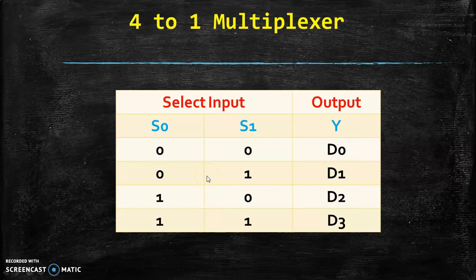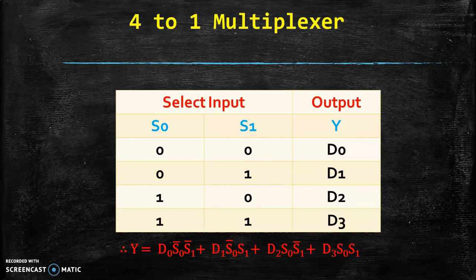And accordingly in each combination the output available, that is Y, D0, D1, D2 and D3. Now based on this truth table we can prepare a logic function.